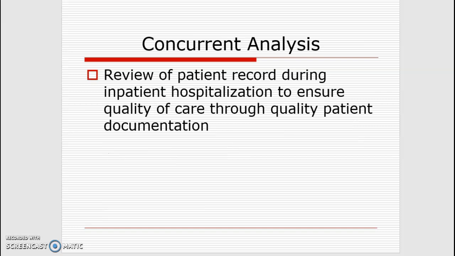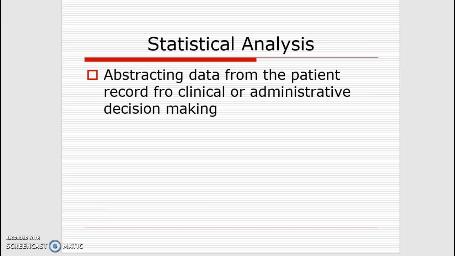Concurrent analysis. This is review of the patient record during inpatient hospitalization to make sure that the quality of care is maintained through quality patient documentation. So we want quality documentation. Statistical analysis is the last one. This is abstracting data from the patient record for clinical or administrative decision making.